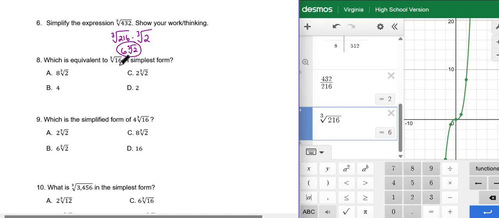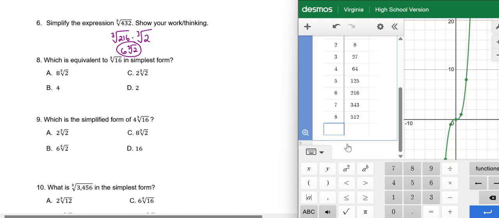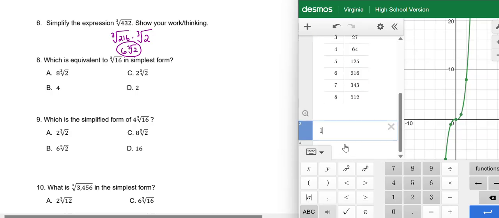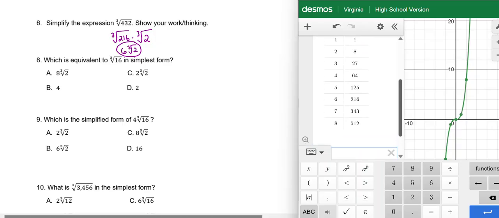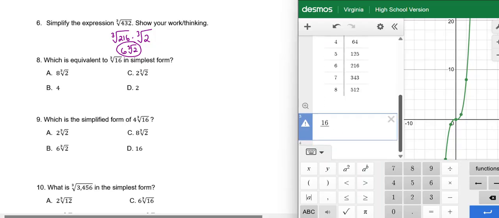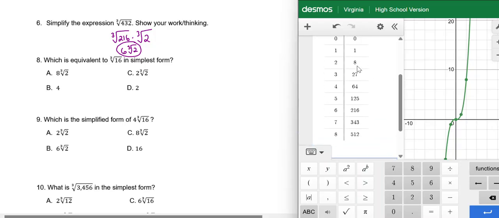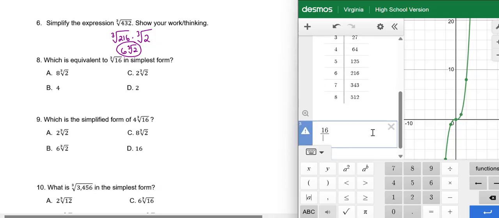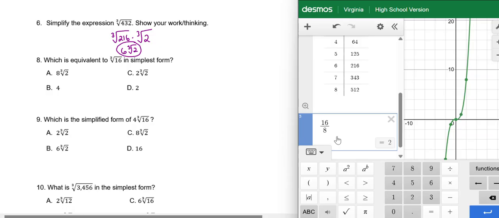Which is equivalent to cube root of 16? Okay, well again, I'm going to go ahead and look at 16. I'm going to divide it out by some perfect cubes. Well, for 16, I have to start with 8 because 27 is too big. 8, well, I know 8 goes into it, right? Is 2.